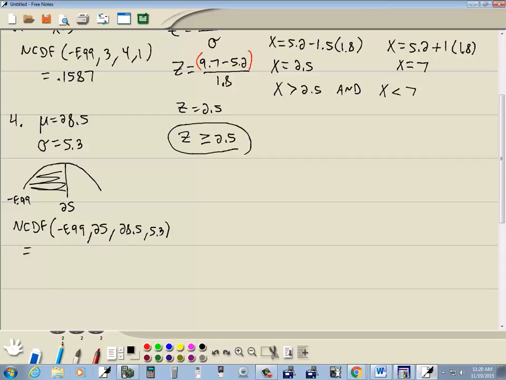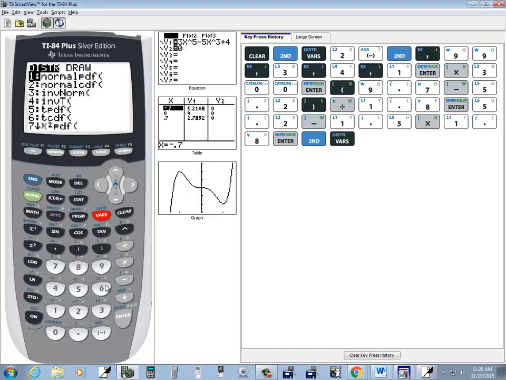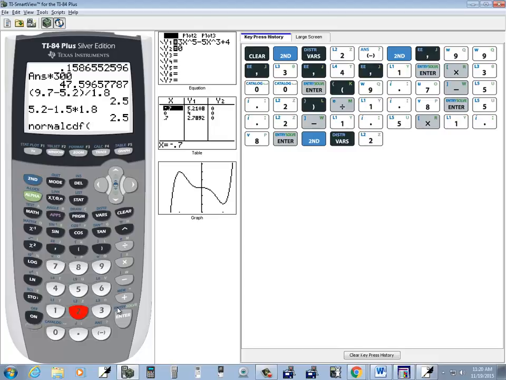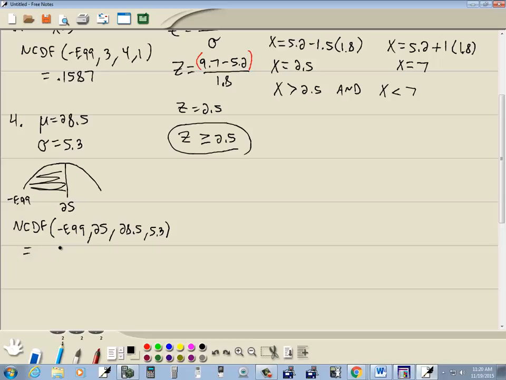So let's see what that gives us. Second vars, normal CDF, negative E99, comma, 25, comma, 28.5, comma, 5.3.